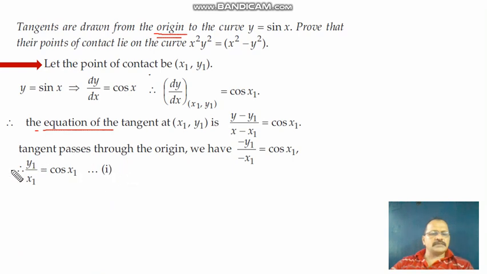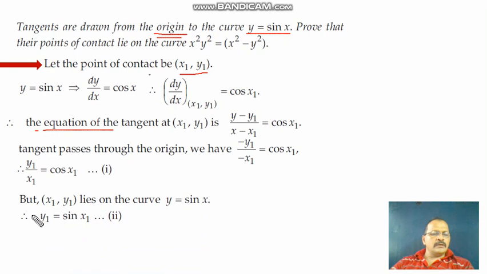Let us term this as number 1. This point x1 y1 lies on the curve y equal to sin x. Therefore this point must satisfy this equation, and we get y1 is equal to sin of x1. Now call this equation number 2.